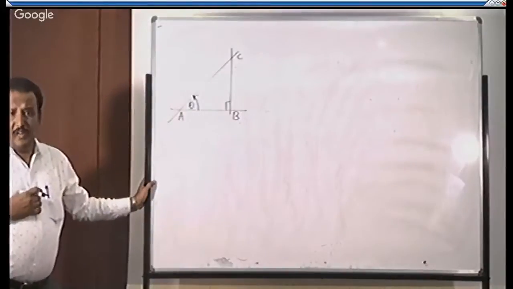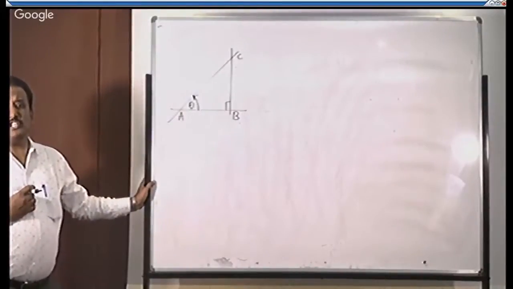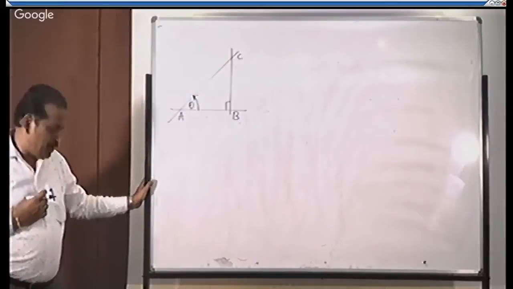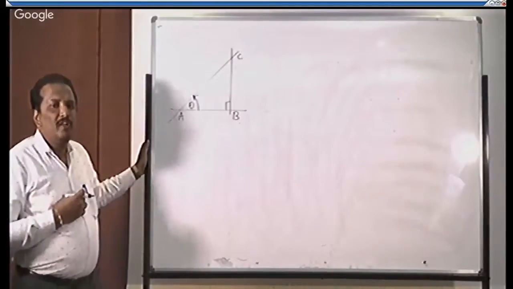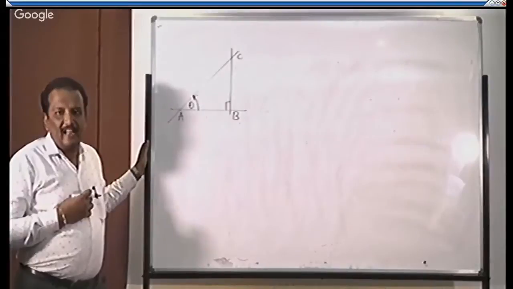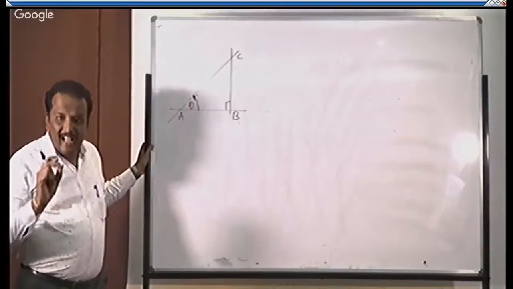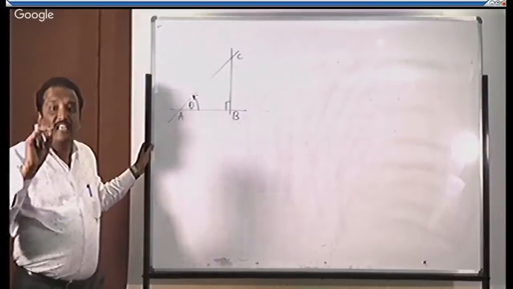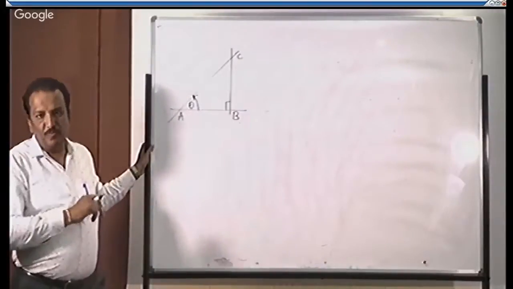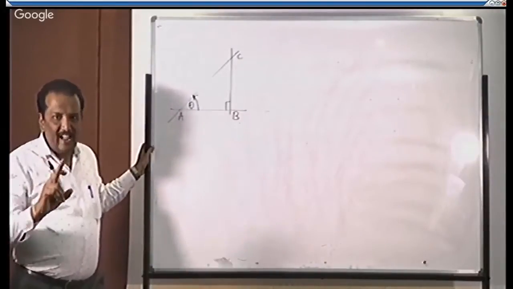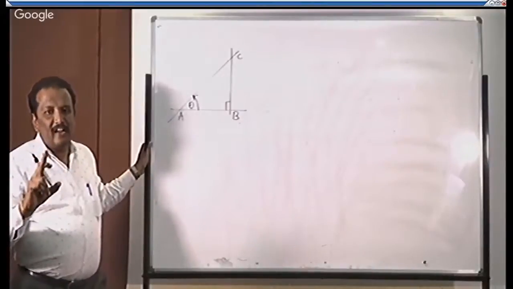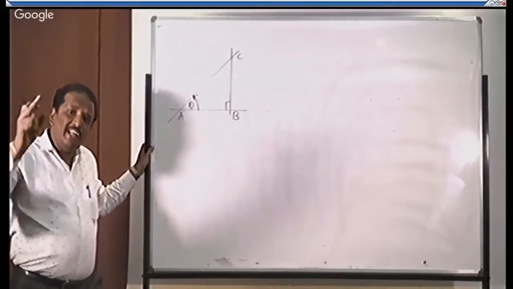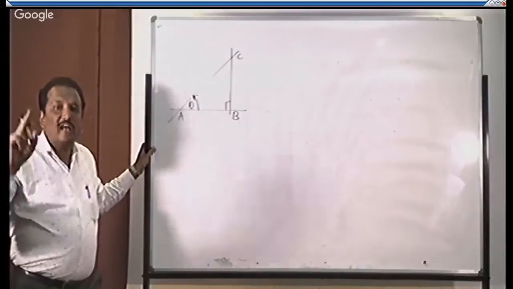In your previous discussions, we came to know one property of a right angle triangle. In any right angle triangle, except the right angle, the sum of the other two angles is equal to 90 degrees.